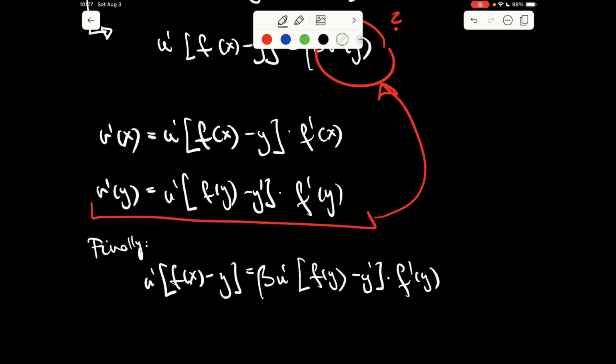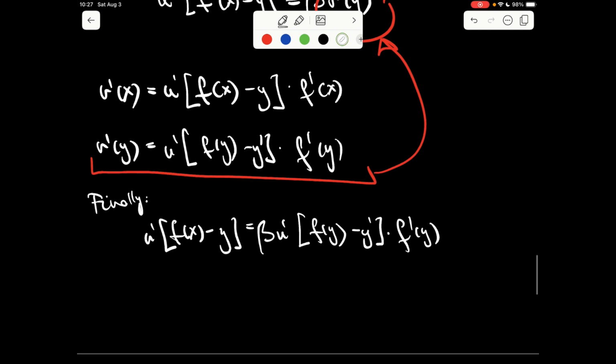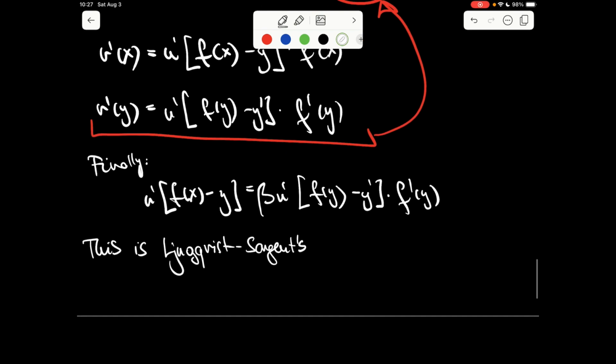And let me double check. I think it's correct. This is Ljungqvist and Sargent's solution, let me have a look at, I think it is on page 112.